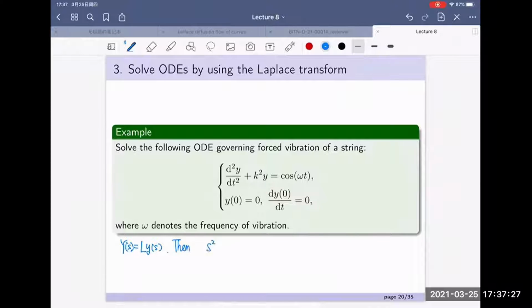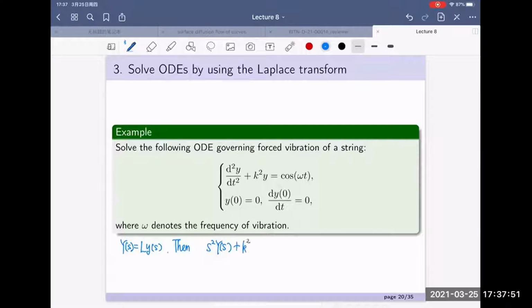The Laplace transform turns a second derivative into multiplication by s squared minus some initial conditions. But for this example, the initial conditions are 0, so you simply get multiplication by s squared.